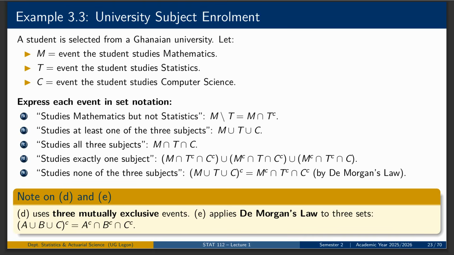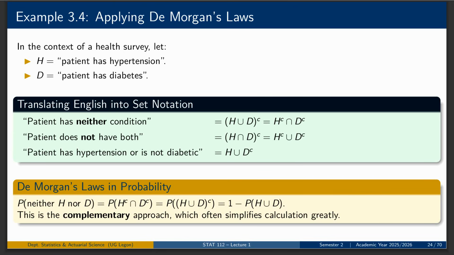Studies mathematics but not statistics. Studies at least one of the 3 subjects. Studies all 3 subjects. Studies exactly 1 subject, right? And so forth. And studies none of the 3 subjects, by De Morgan's law.